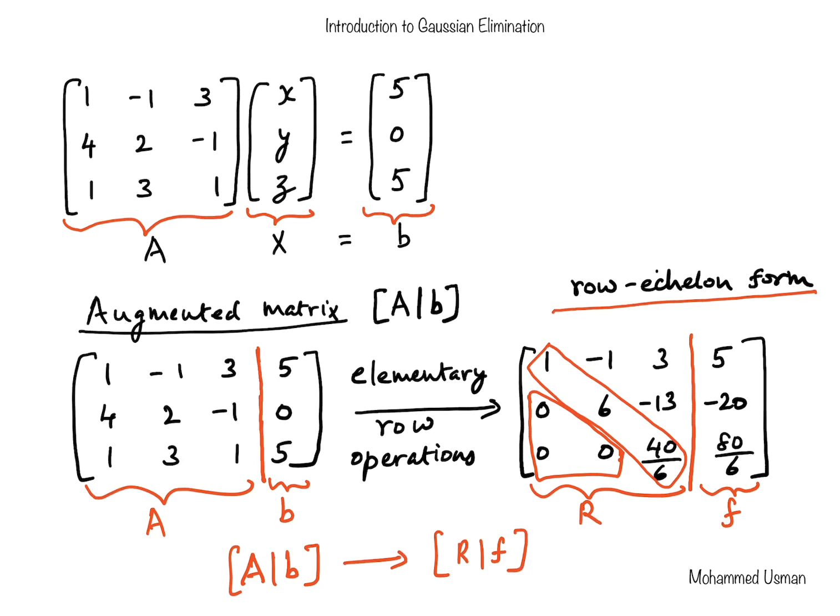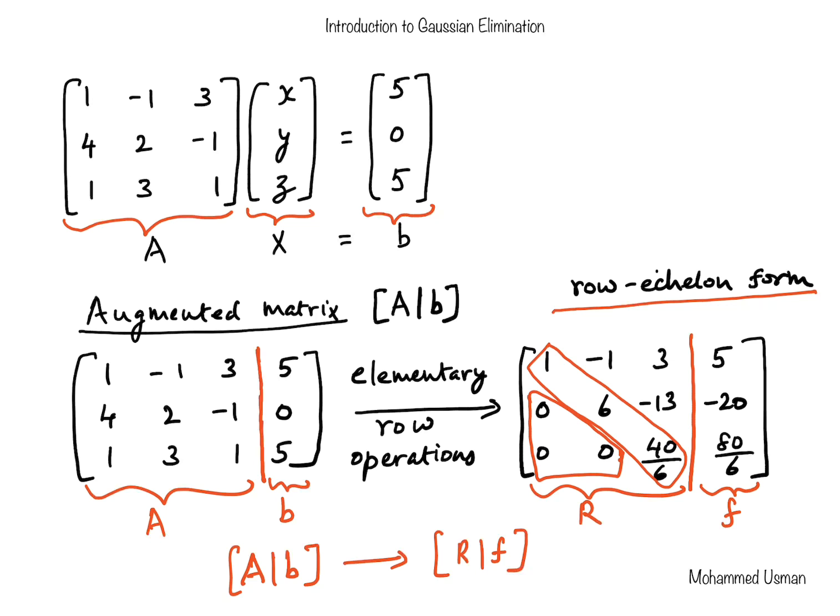So in such a case, we call this matrix the reduced matrix, or the row-echelon form of the augmented matrix.